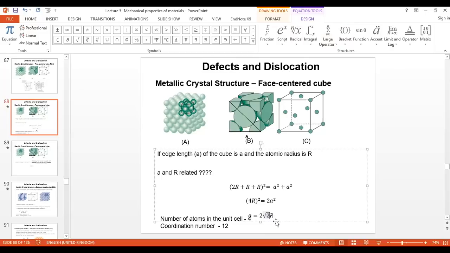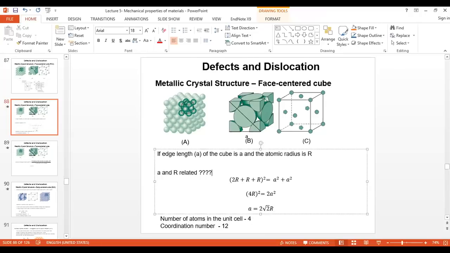You will get the relationship between the atomic radius and the unit cell edge length as A equal to square root 2 R. Right? This is the relationship. Now you have a relationship between A and the atomic radius.